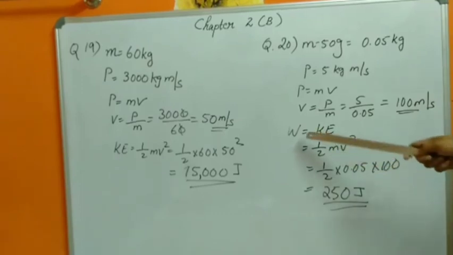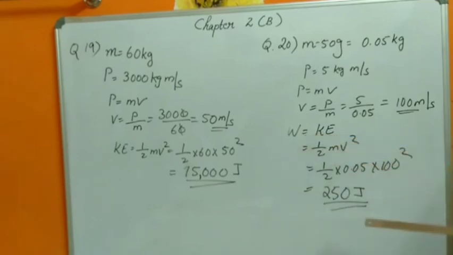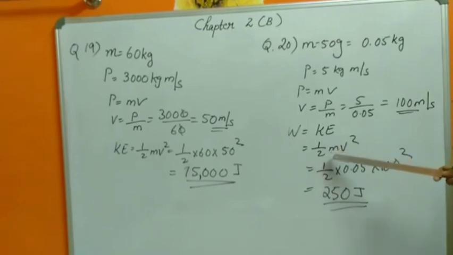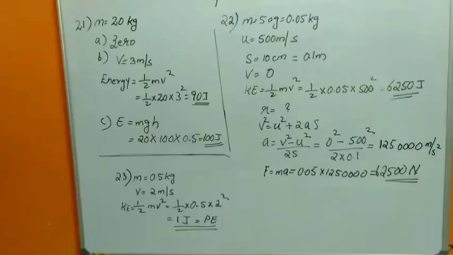But we know that work done and energy are same. Energy is the ability to do work. So we don't want to go for any other equations. We have mass and velocity. So obviously you should know the equation to be taken is kinetic energy, half mv square. Just substitute, we will get kinetic energy, and you should know that this kinetic energy is same as work done by the body.